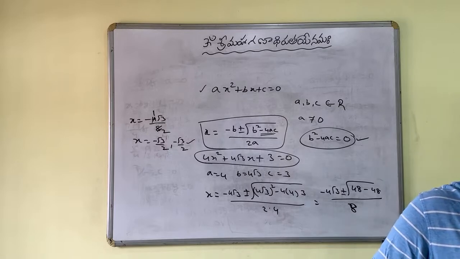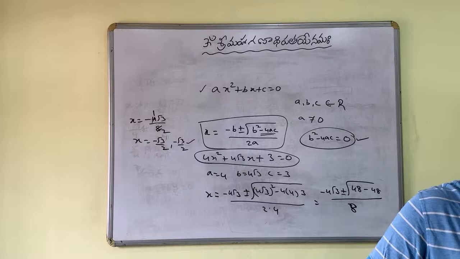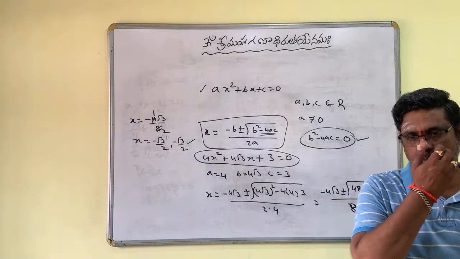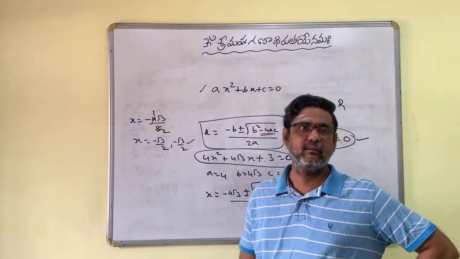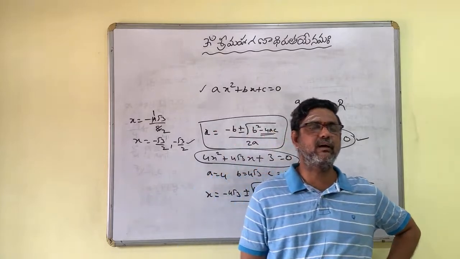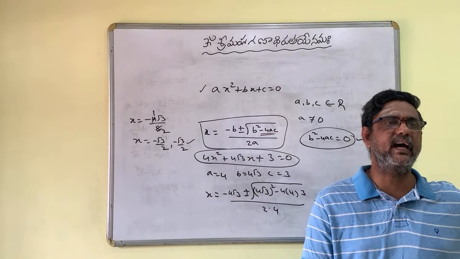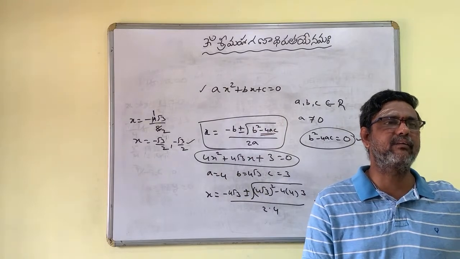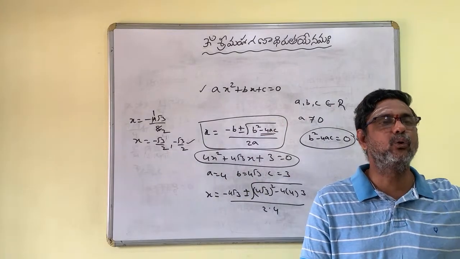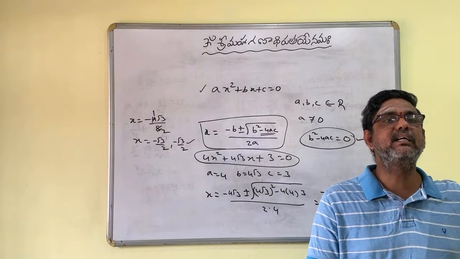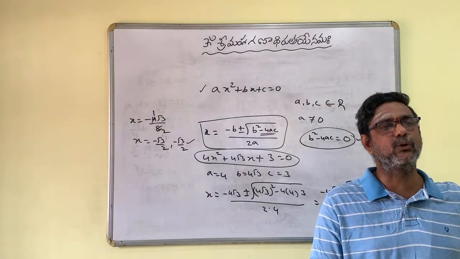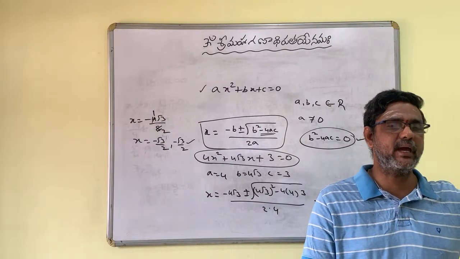Okay? Very very important point. Whenever we observe b square minus 4ac value is 0, we can say that the given quadratic equation is having 2 zeros, both are same, equal zeros.